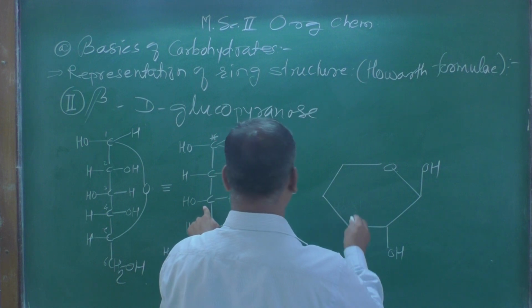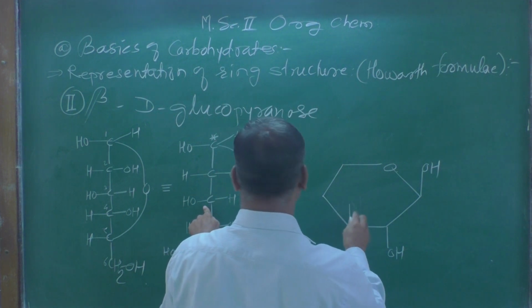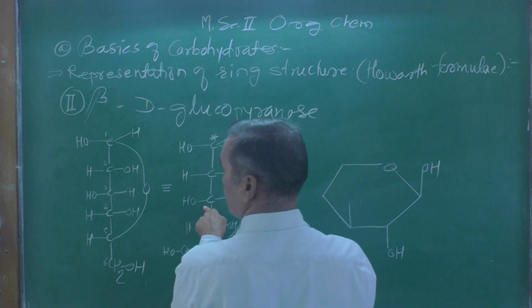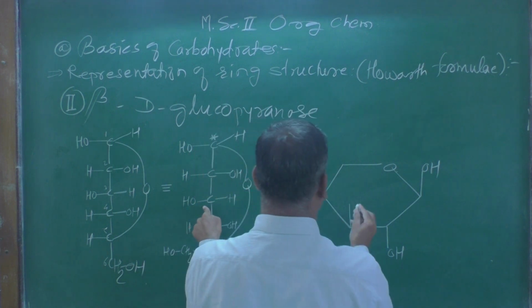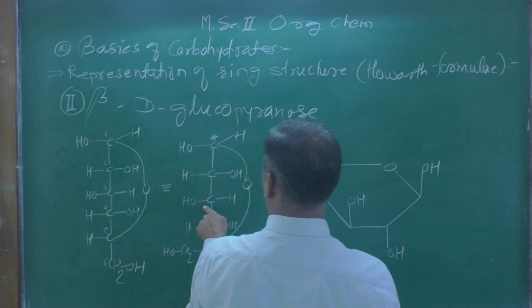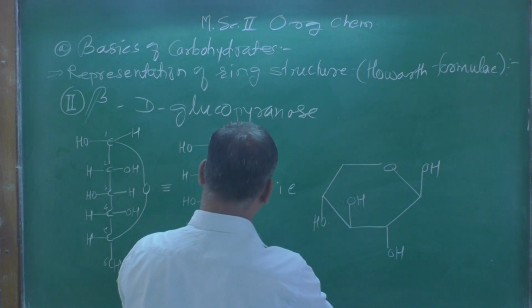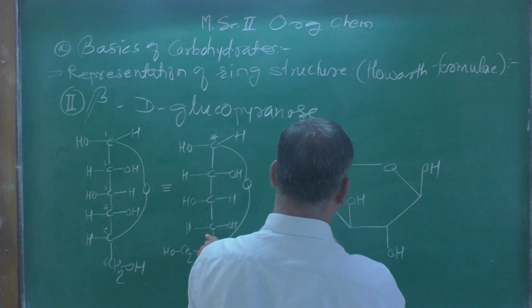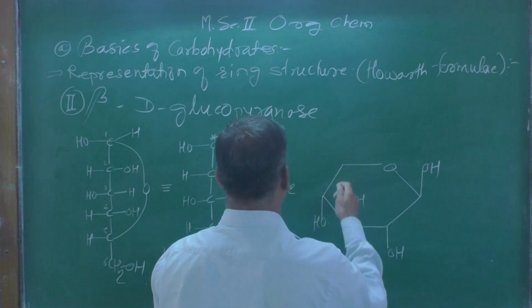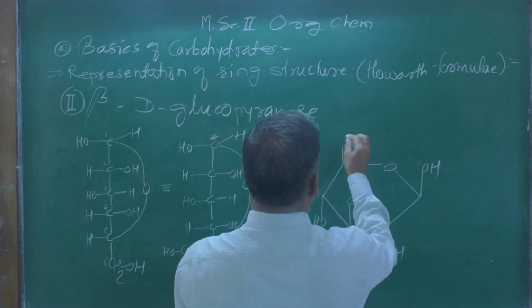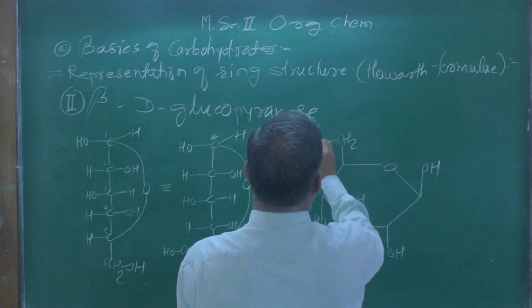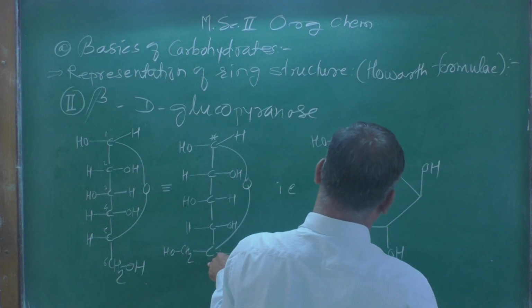At carbon number 3, again the hydroxy group is lying on the left hand side, so it is above the plane. Here the hydroxy group is lying on the right hand side, so it should be below the plane. Now this CH2OH group you can show like this.